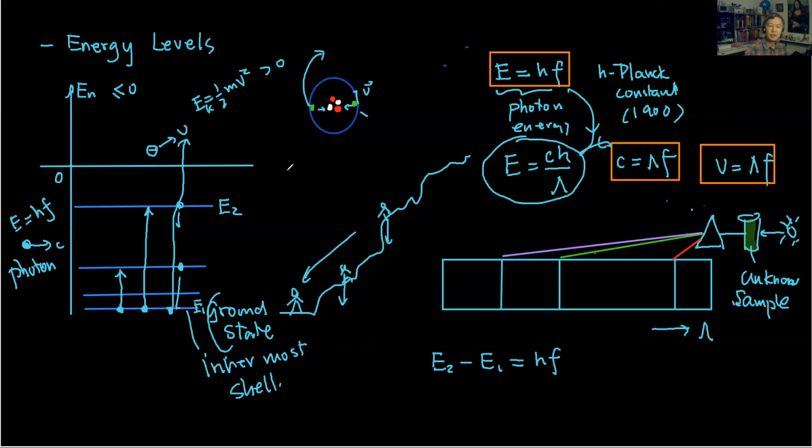Better to call them final and initial, because these labels are arbitrary. This is what we call the resonance condition.